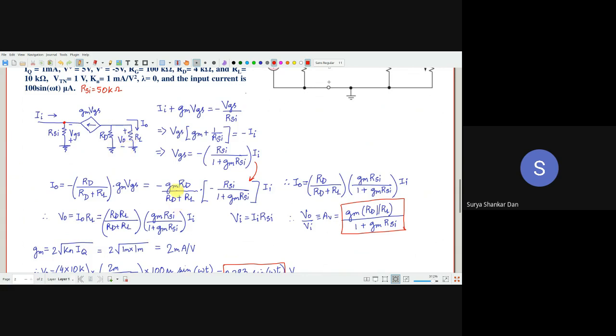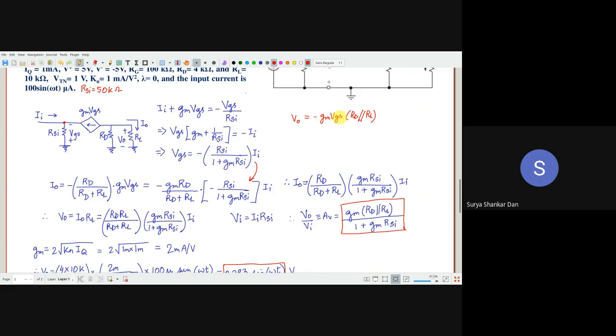So whatever I have done is a much more intricate or complicated way. You could have also simply written VO will be equal to, since the direction of GMVGS is on that side, GMVGS into RD parallel RL. Directly we can say from here, because RD parallel RL is the effective load and GMVGS is in the opposite direction, we'll put minus GMVGS over here.